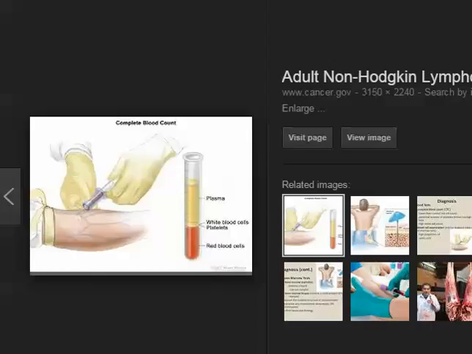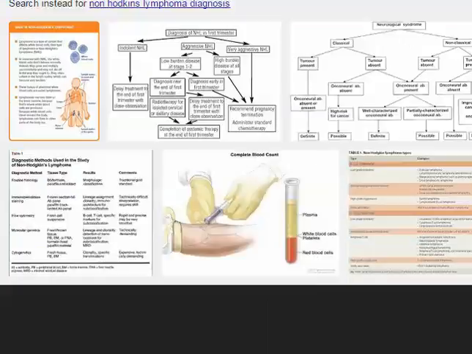So now we'll talk about the diagnosis of non-Hodgkin's lymphoma. An excisional biopsy of an affected node is necessary for accurate diagnosis. Staging using the Ann Arbor system employed for HL is necessary to determine the treatment protocol. Staging is usually accomplished by CT and PET scans. However, a bone marrow biopsy may be needed.